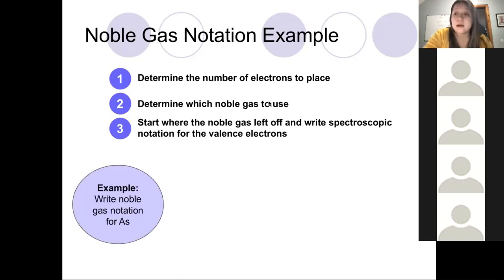Example. You're going to write the noble gas notation of As. Okay? So how would I do that? Well, first, we have to determine how many electrons we have to place. So just like before, for As, we have to find its atomic number.